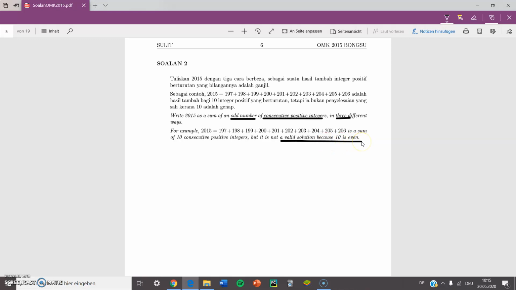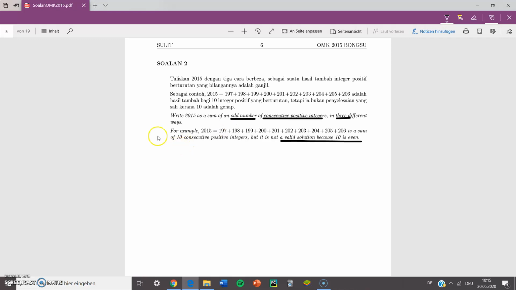Okay, maybe for some of you, 2015 might be too big a number. So let's play around with smaller numbers and try some odd number of consecutive positive integers.